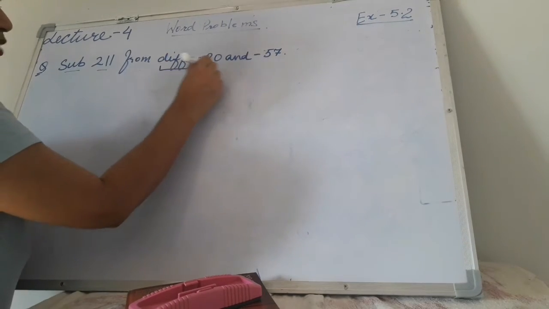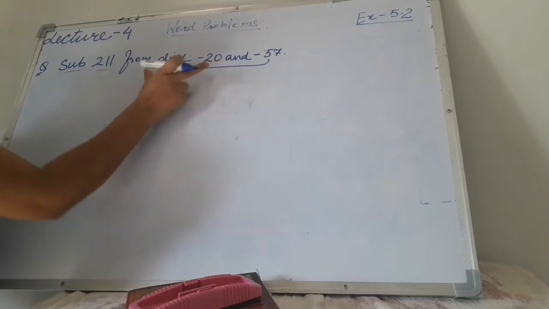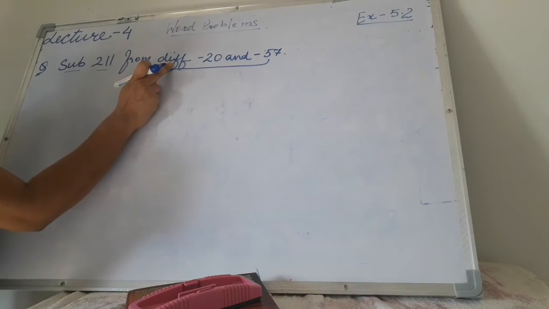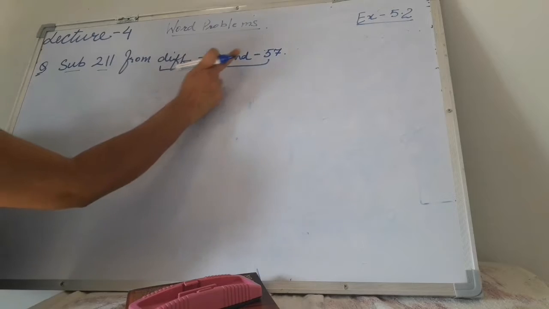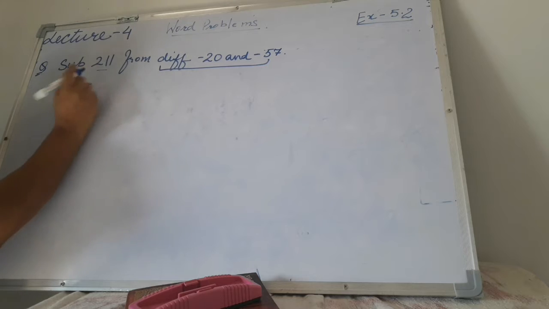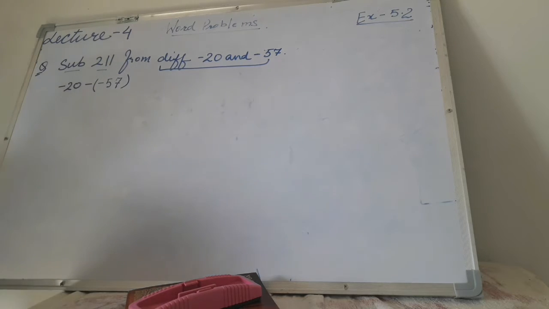Now, I will divide my question into two parts. Firstly, I will solve only this part, that is I have to find the difference of minus 20 and minus 57. So let us find the difference of minus 20 and minus 57, that means I have to subtract: minus 20 minus of minus 57. Get it? Okay.